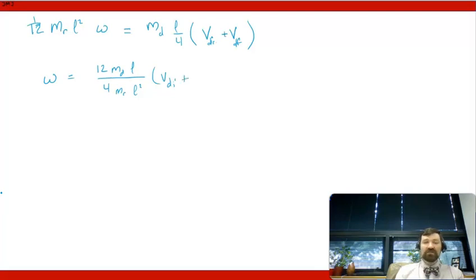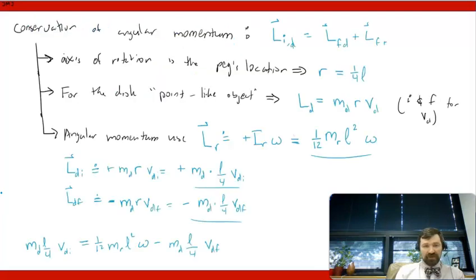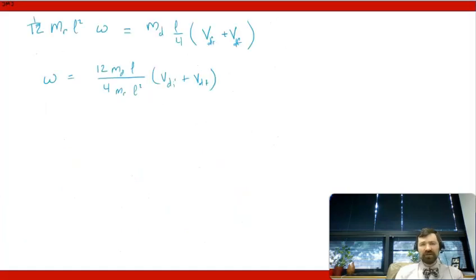It's v disk initial plus v disk final, because again, I have to add this term right here to both sides, not subtract it. Okay. I can cancel one of the L's. So this L cancels with the squared part of this L. I have a 4 here and a 12 here, which can cancel to a 3.